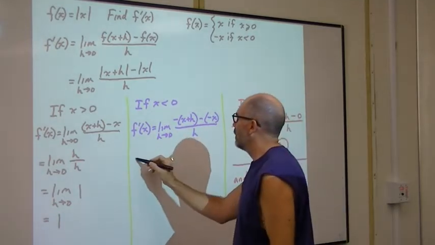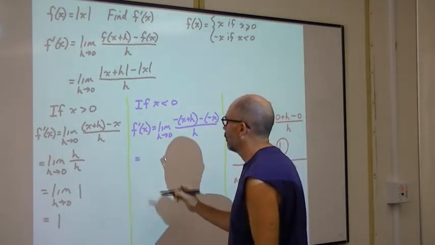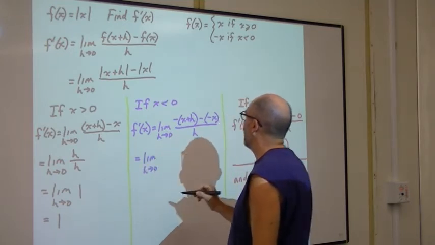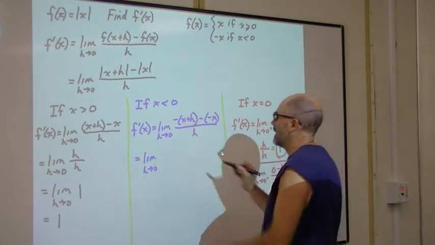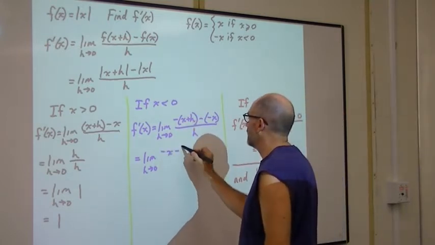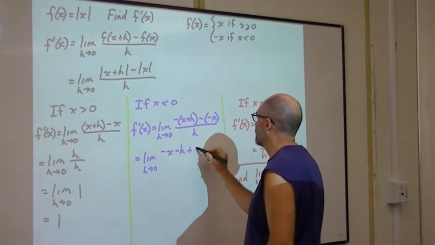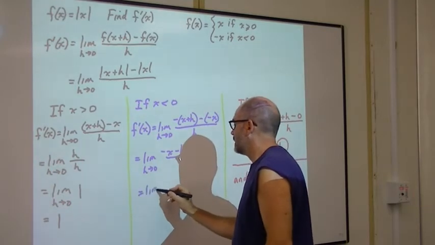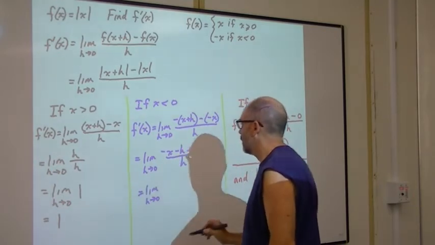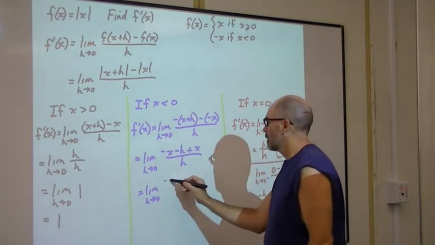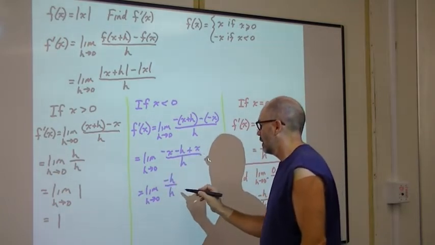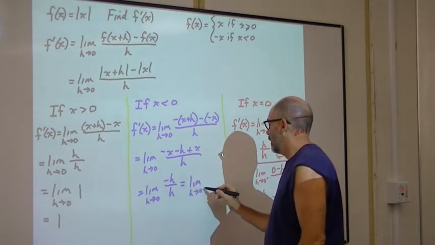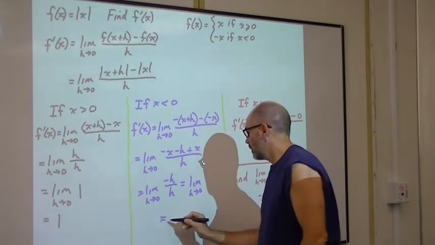Okay, so what I have here is the limit as h approaches 0 of negative x minus h, well, let's just write this out, negative x minus h plus x all over h, which equals the limit as h approaches 0 of negative h over h, which equals the limit as h approaches 0 of negative 1, which equals negative 1.